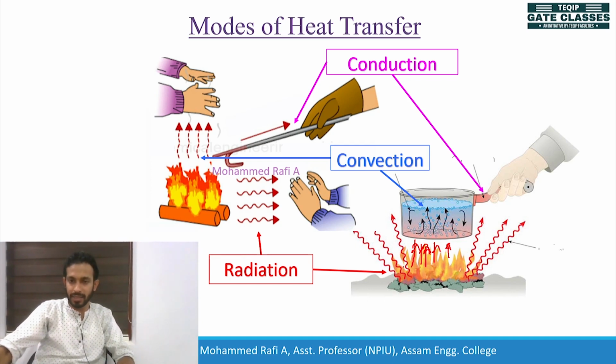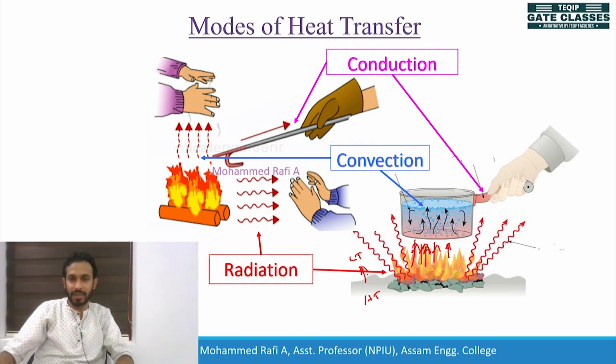So this heat energy is transferred, because here it is a higher temperature area. So from this higher temperature to lower temperature, heat will be flowing. So how is this possible?